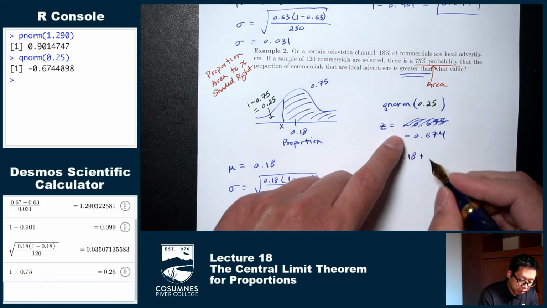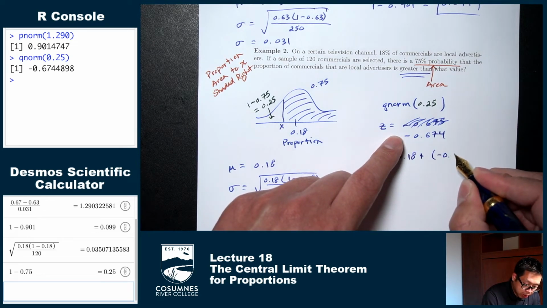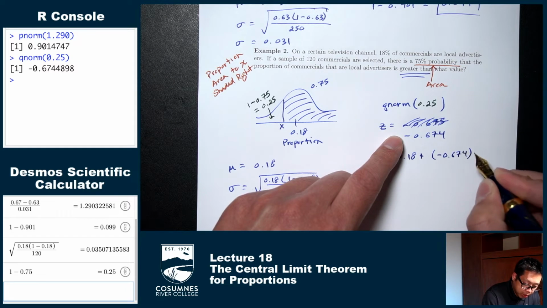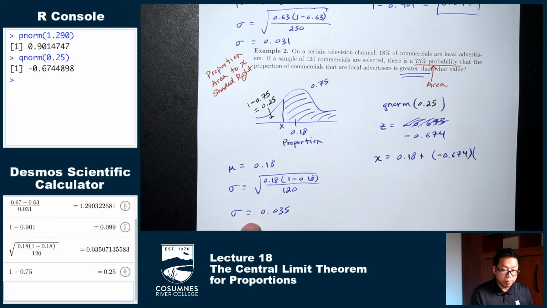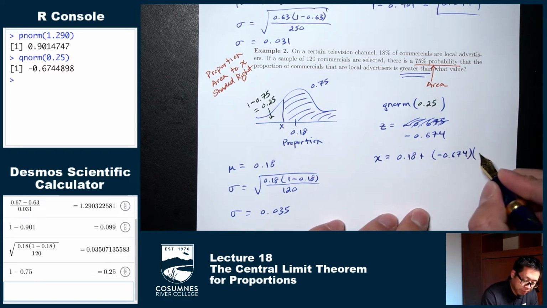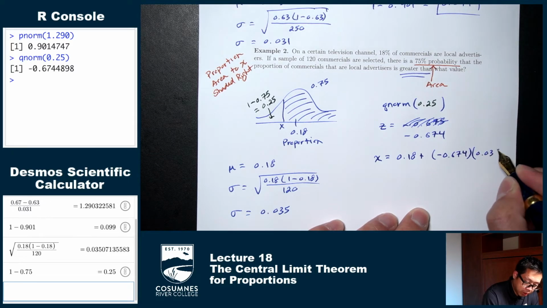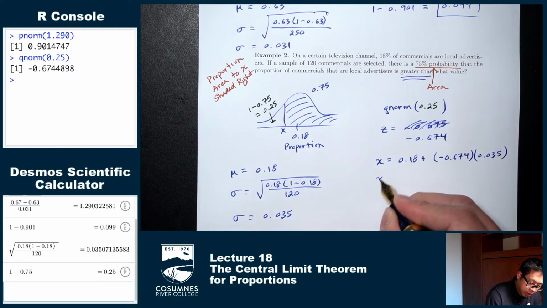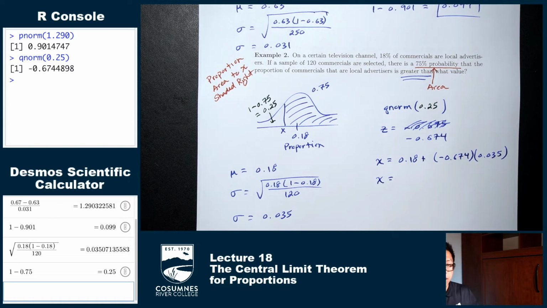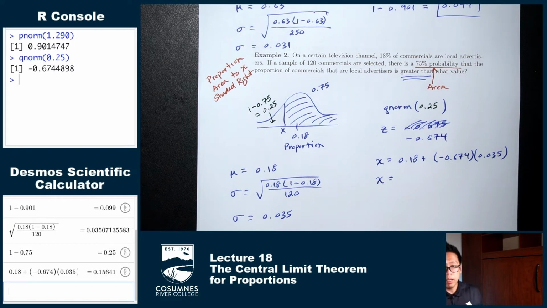Our Z was this negative 0.674 times our standard deviation 0.035. Okay, plug this into the calculator. 0.18 plus negative 0.674 times 0.035. 0.156.